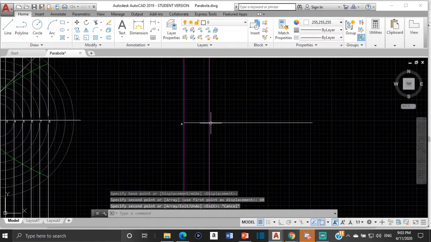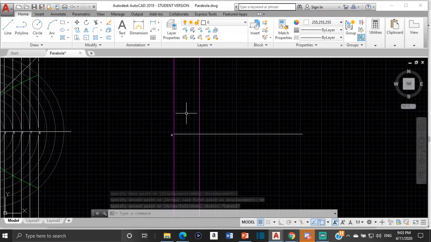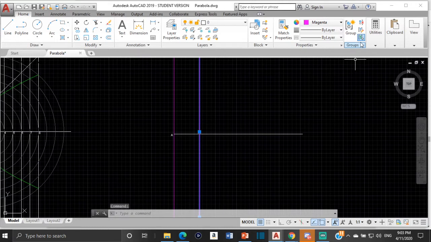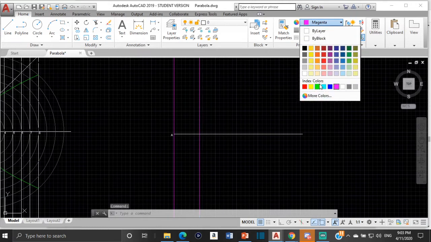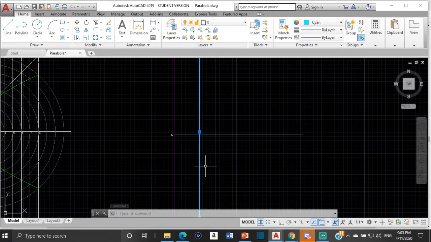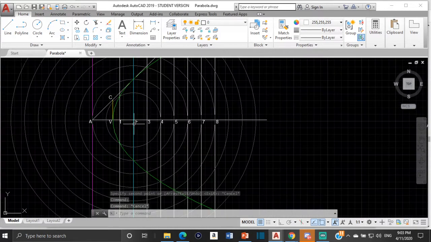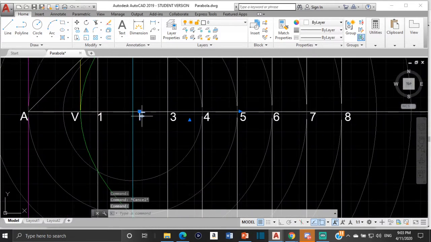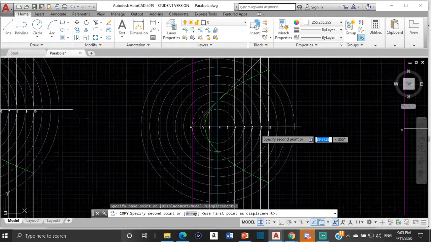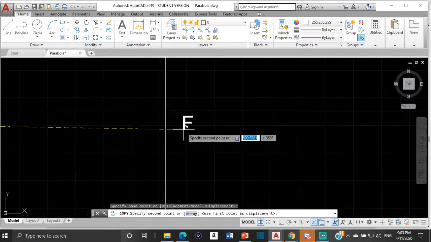So our focus would be this point right here. Let me give the focus a different color because I want to distinguish between the focus and the directrix. Now the focus is point F right here. Let me copy this F and label my focus over here. So this is my focus.